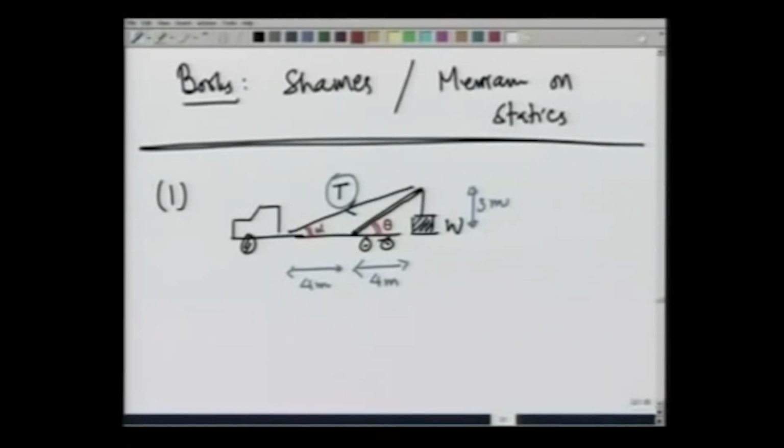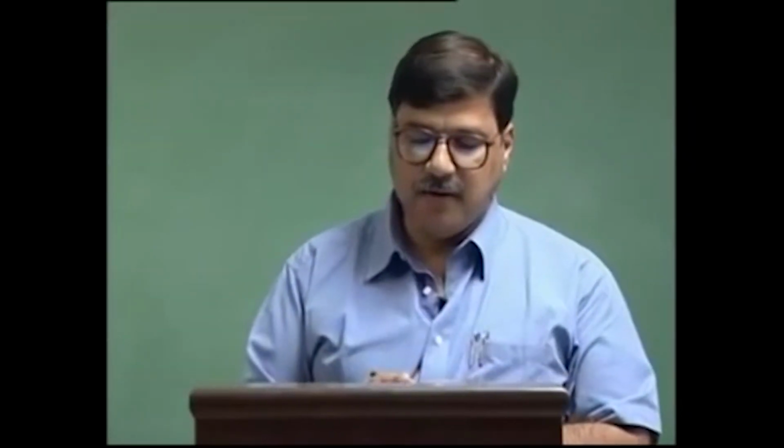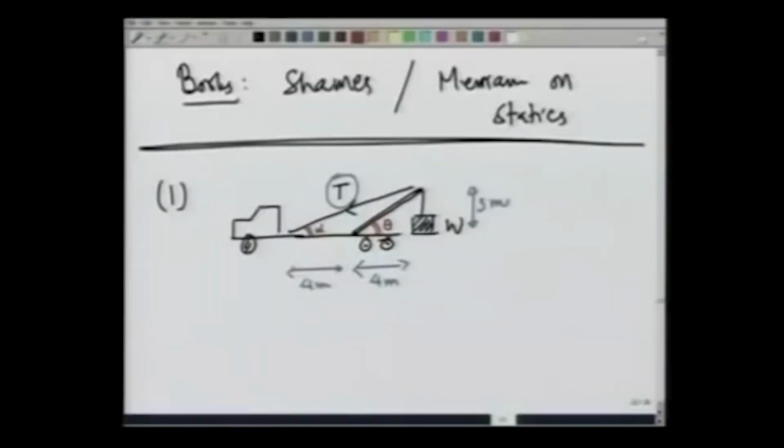If I want to use the method of virtual work, then what we should do is imagine a virtual displacement of the system, and here the virtual displacement is going to be described by the change in angle here. As you pull the rope in, this system is going to move like this.